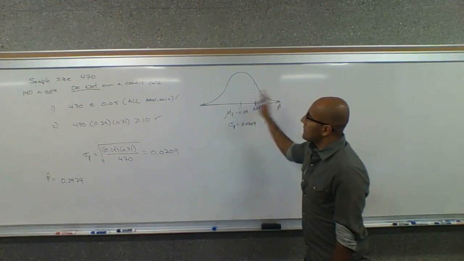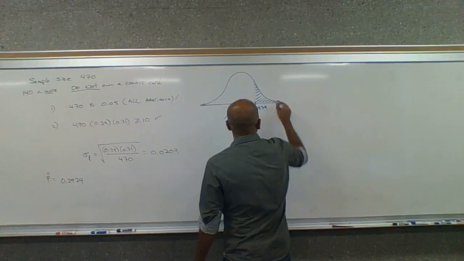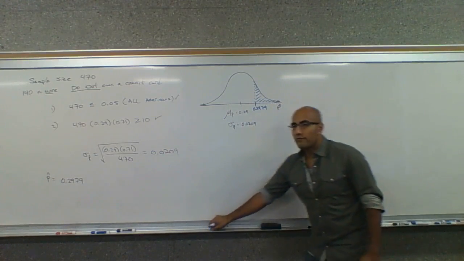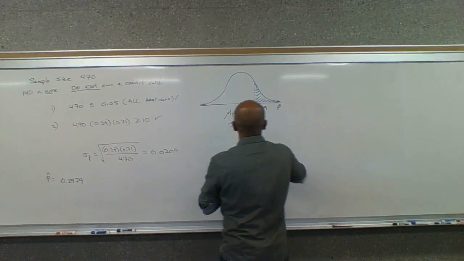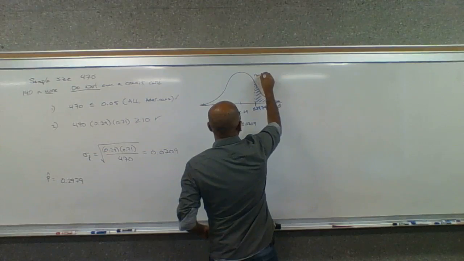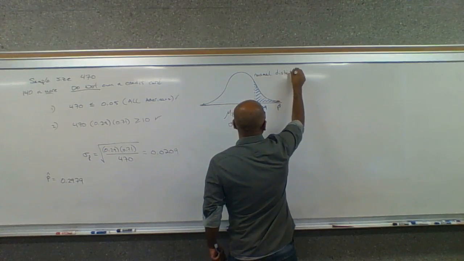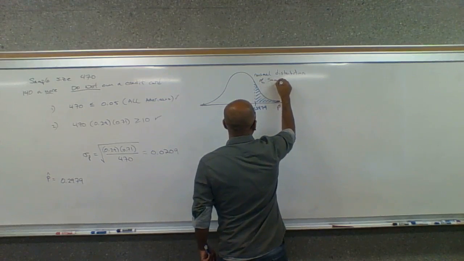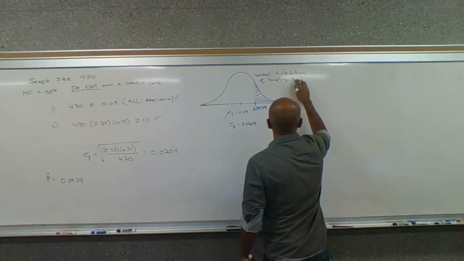And something like this or more is what we want. So a proportion that's that or larger is what we're looking for. So we know that this is a nice normal distribution of sample proportions.